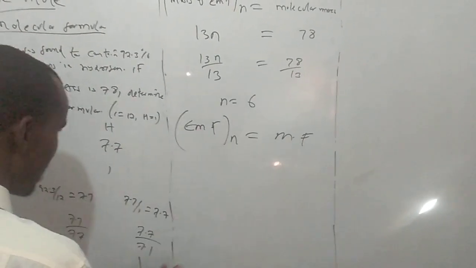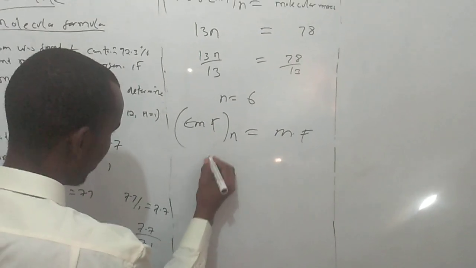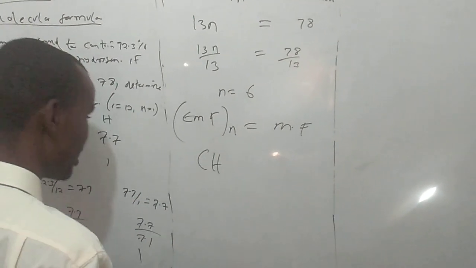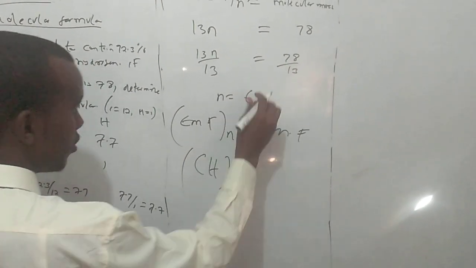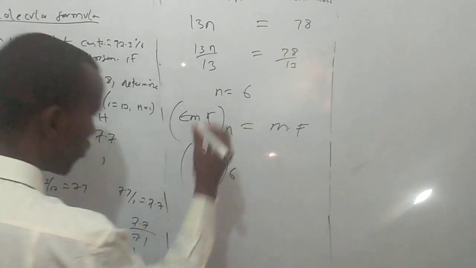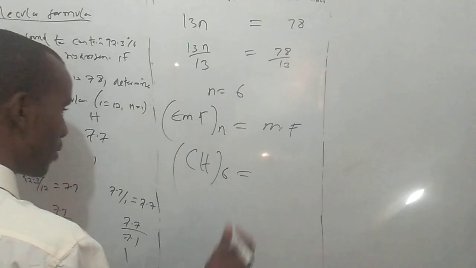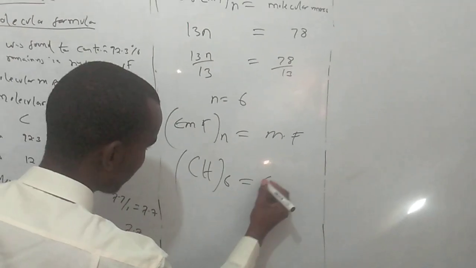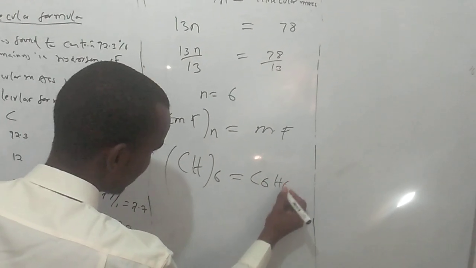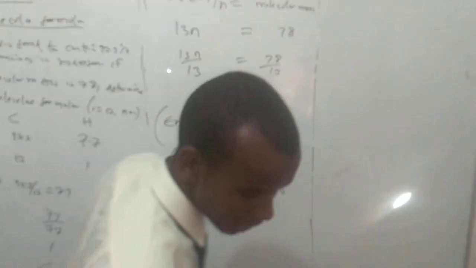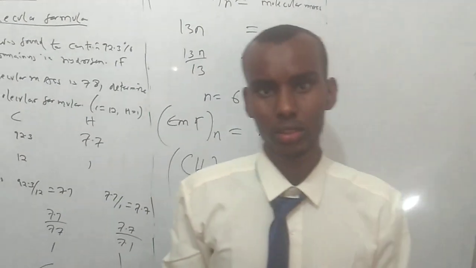The EMF is CH, and we know N is 6. We bracket it with 6. This will give us the molecular formula, which is C6H6. As simple as that.